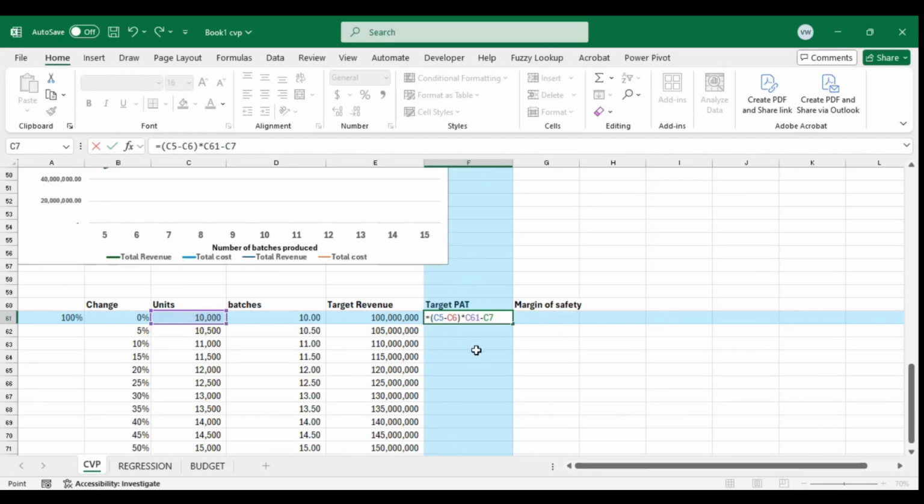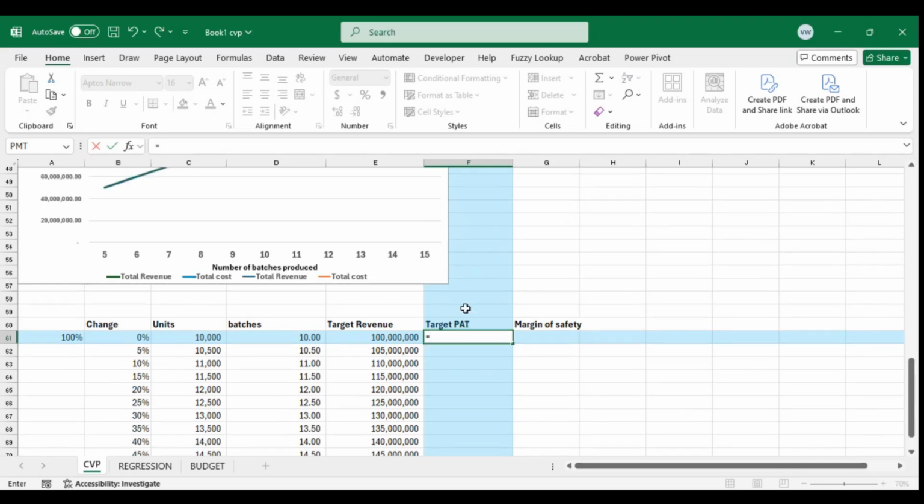But remember, we are saying profit after tax. So first things first, we need to make all these absolute references just like we did before. Sorry for that. Let me just repeat that calculation again.